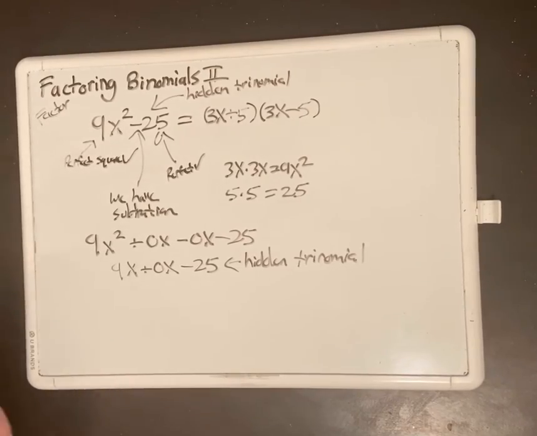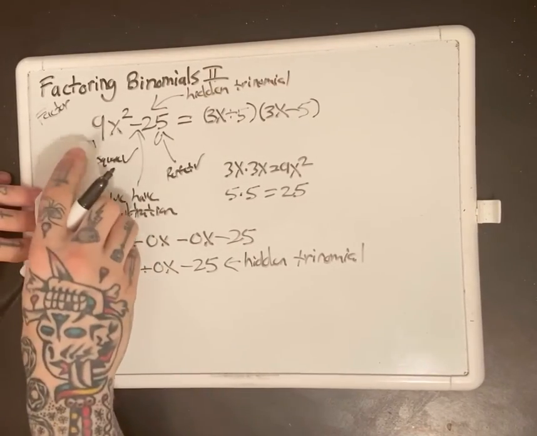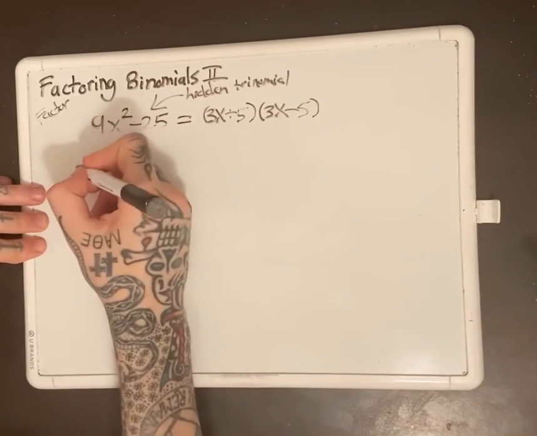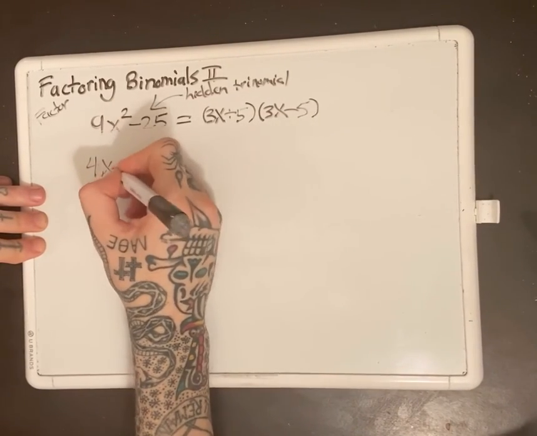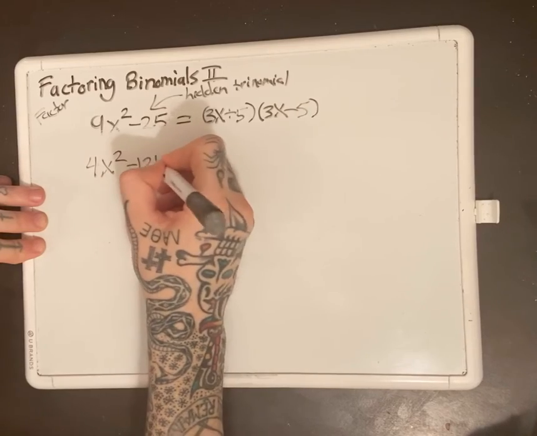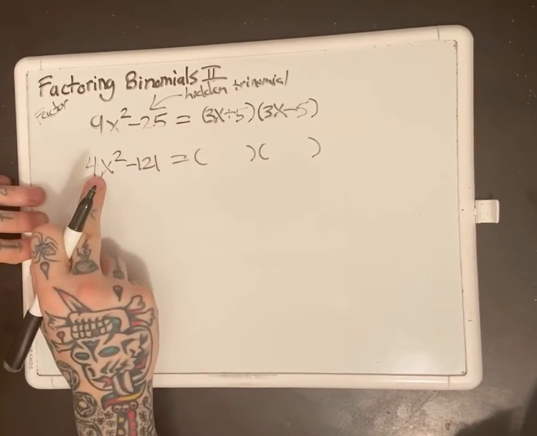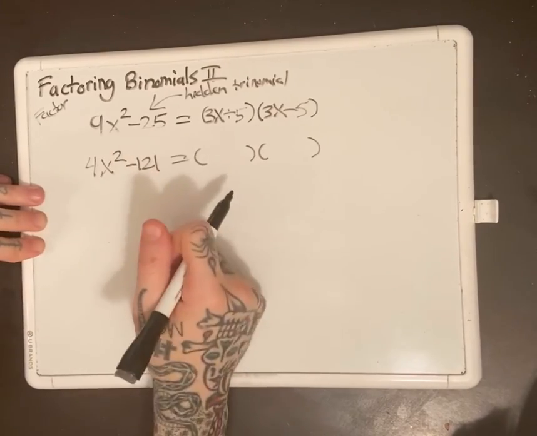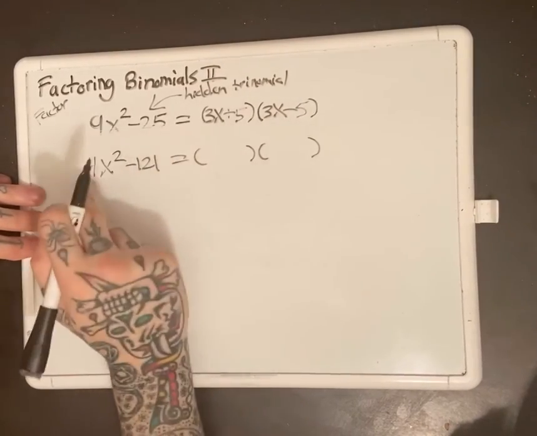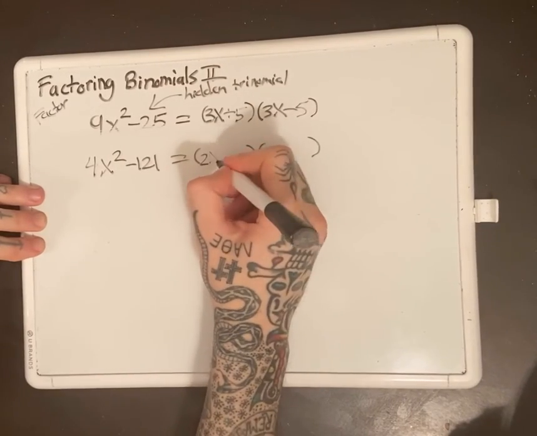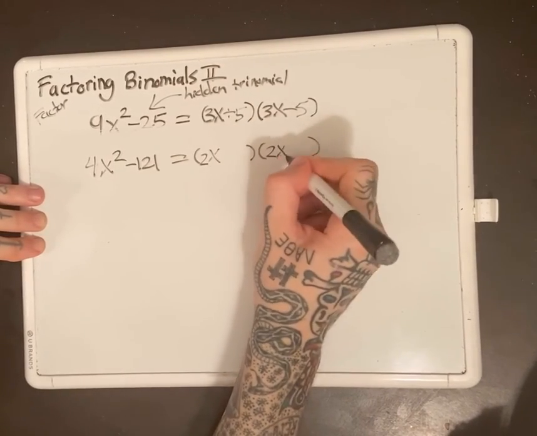All right, so let's look at two more examples. 4x squared minus 121. Okay, perfect square, subtraction. So we know we can do it. Square root of 4 is 2. X times x gives me that x squared.